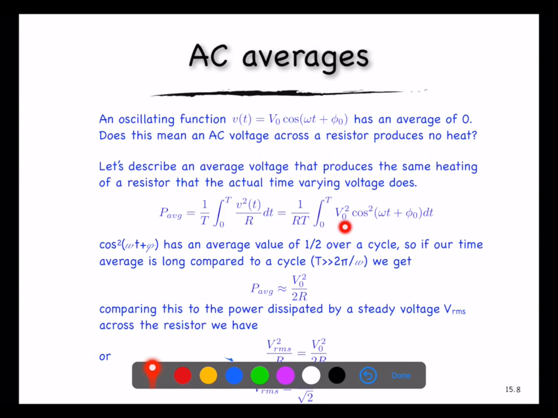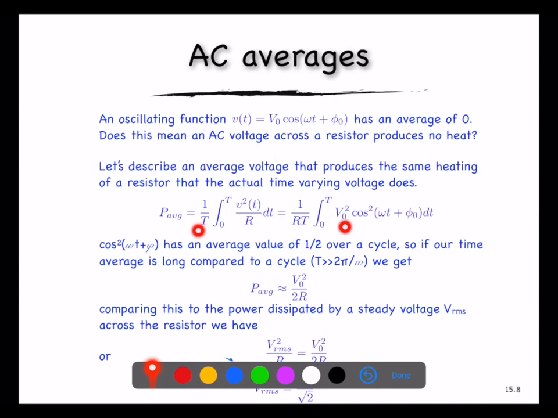Okay, so we'll say the average power dissipated by a resistor is going to be V squared over R, or well, the power is V squared over R. But to write this as an average, let's integrate this quantity over some length of time and then divide by that amount of time. That's just what an average is, right? You add something up for some period of time, and then you average it out.